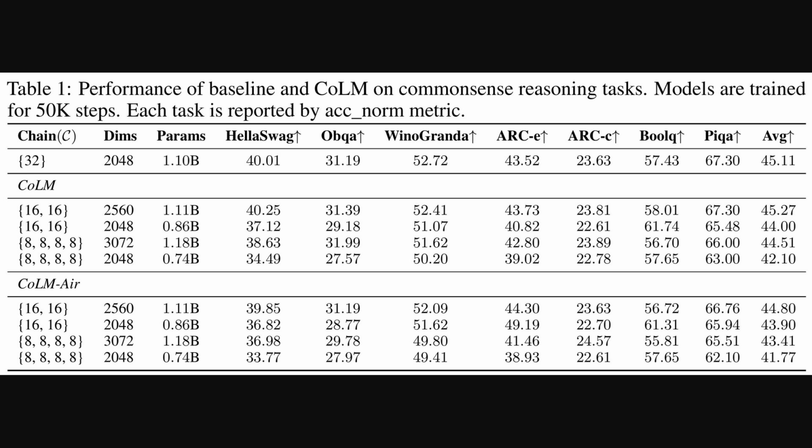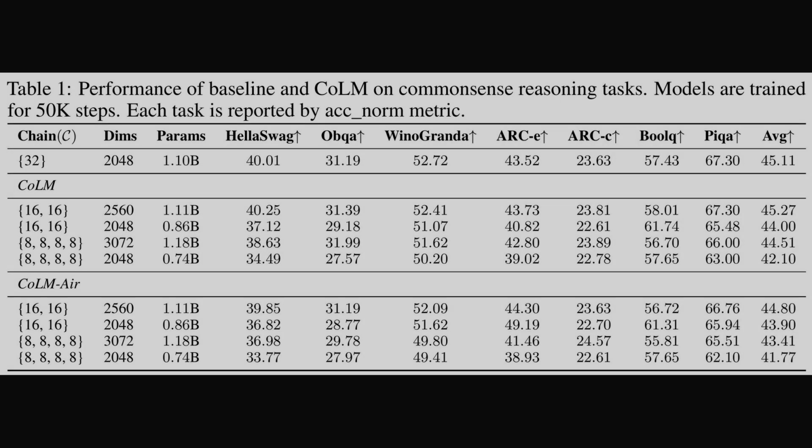We can see that chain of language model, for instance with a 16 16 chain configuration and 2048 dimensions, achieves an average score of 45.27. This is very close to the baseline's 45.11, showing comparable performance, while chain of language model AIR offers that key KV sharing benefit we just discussed.